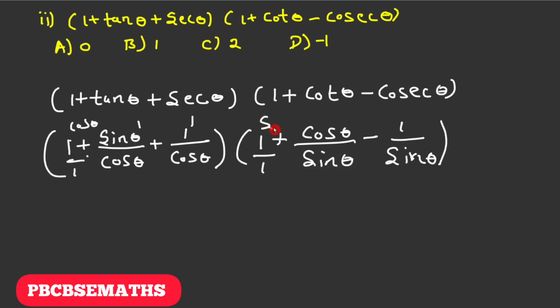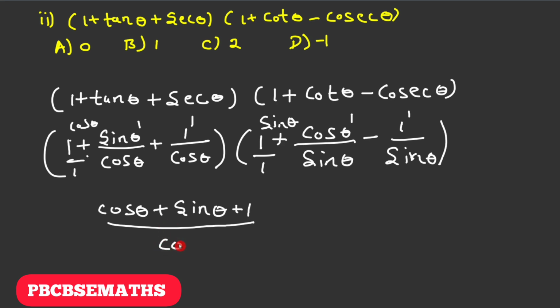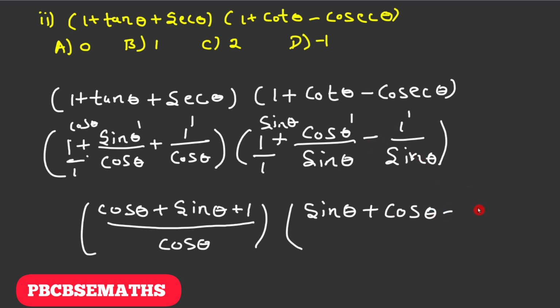So we get sin theta, plus cos theta, minus 1, whole divided by the LCM sin theta.